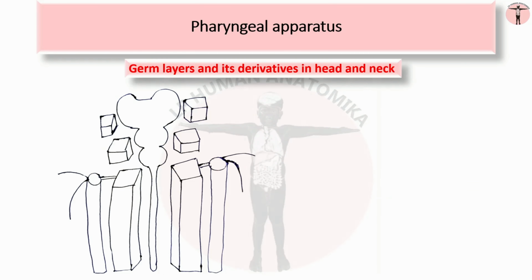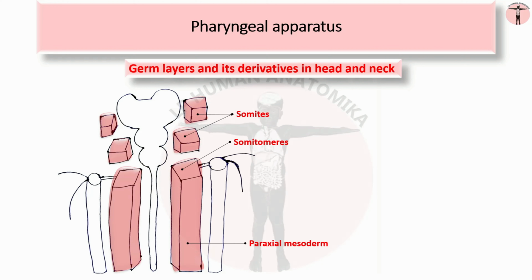In this picture, the ectoderm and endoderm layers are removed to show only the mesoderm, neural tube and neural crest cells. The paraxial mesoderm divides into small cubical masses called somites and somatomeres next to the neural tube and the notochord.